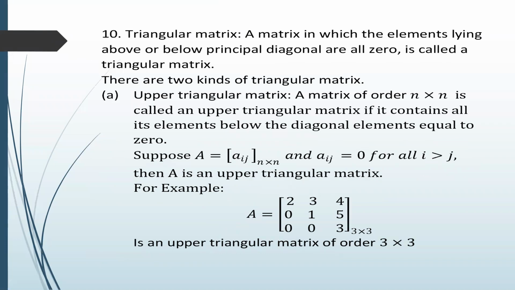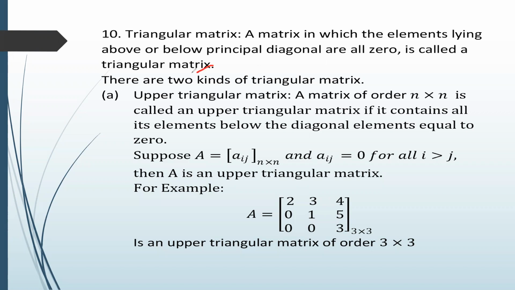Now we go for triangular matrix. Triangular matrix: a matrix in which the elements lying above or below the principal diagonal are all zero is called a triangular matrix.